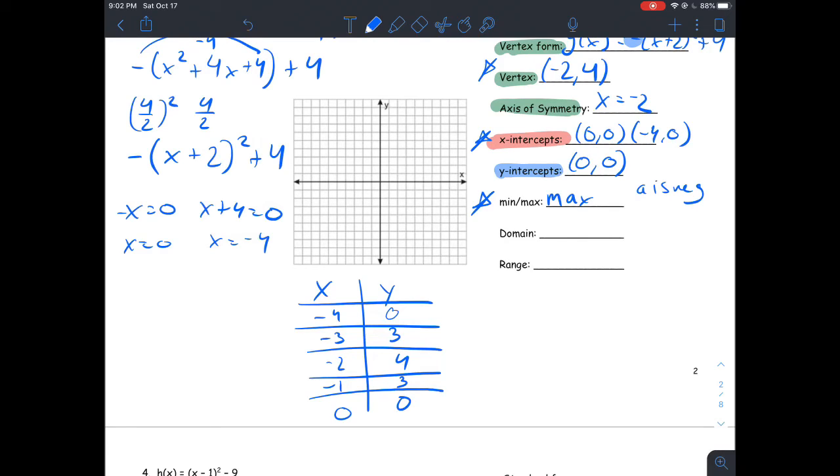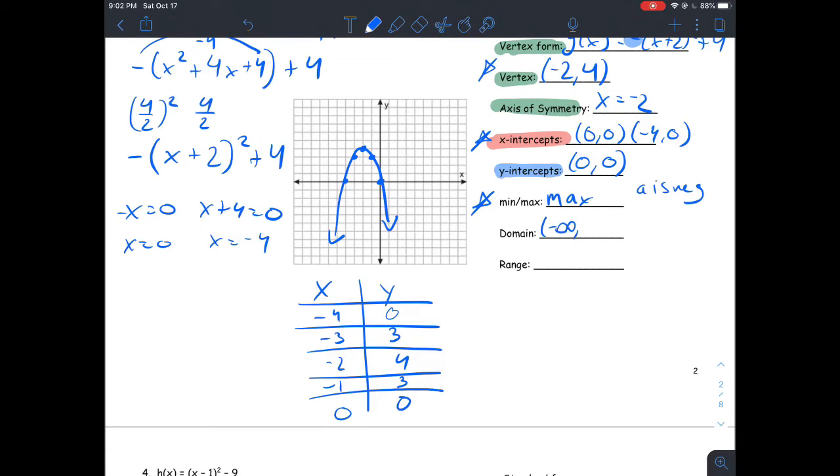I know this is going to be a longer video, and I didn't want you to sit there watching me plug things into Desmos, because hopefully by now you are comfortable with plugging values into Desmos. So we can go ahead and plot. We got negative 2, 4, 1, 2, 3, 4. We've got negative 3, 3, negative 1, 3, 0, and negative 4, 0. Perfect. So this would be our parabola there.